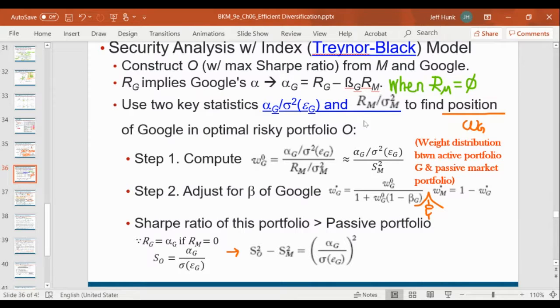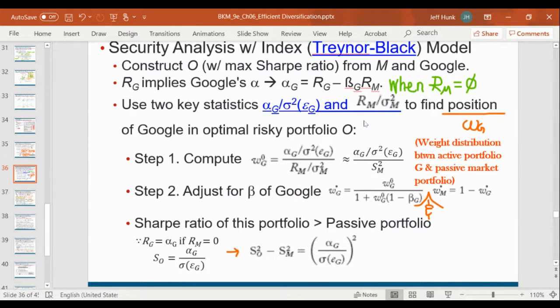Because I've been telling you over and over, dividing the alpha by the variance would make this ratio clearly more pronounced, like greater than one. If it is standard deviation, you would hardly find a situation where the ratio is greater than one.